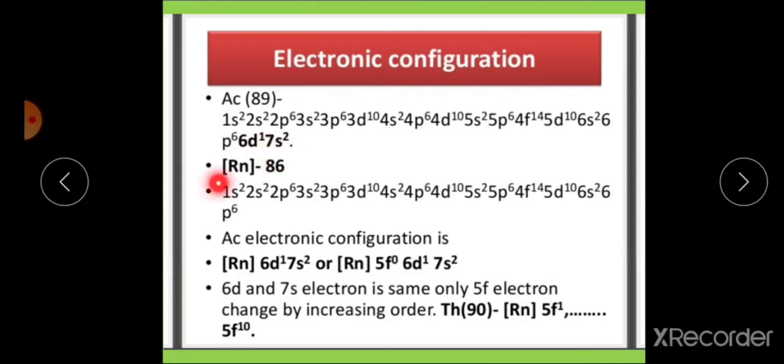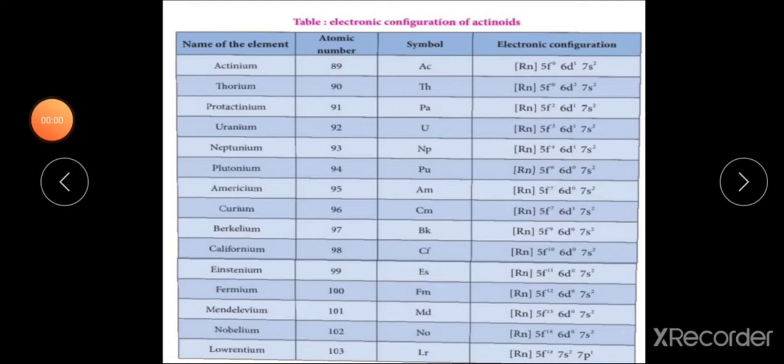The electronic configuration of radon is also given here. The electronic configuration of actinium is radon 6d1, 7s2, or radon 5f0, 6d1, 7s2.